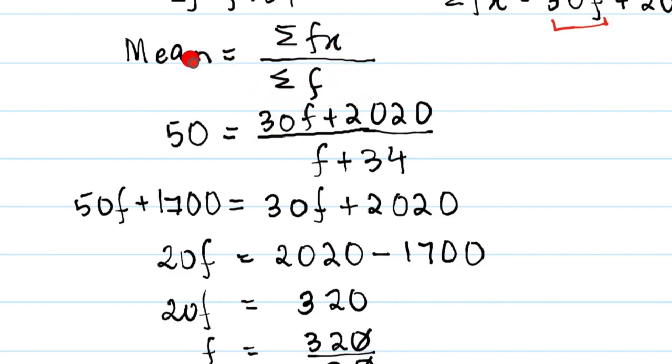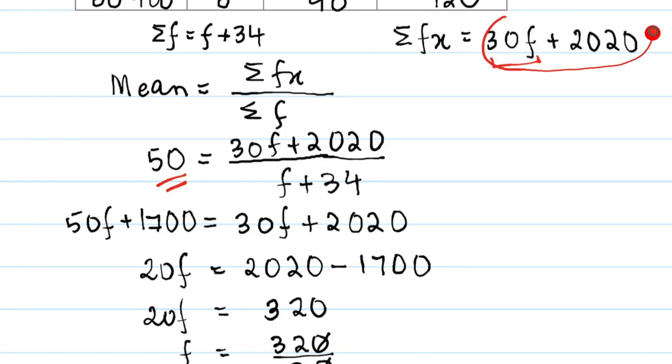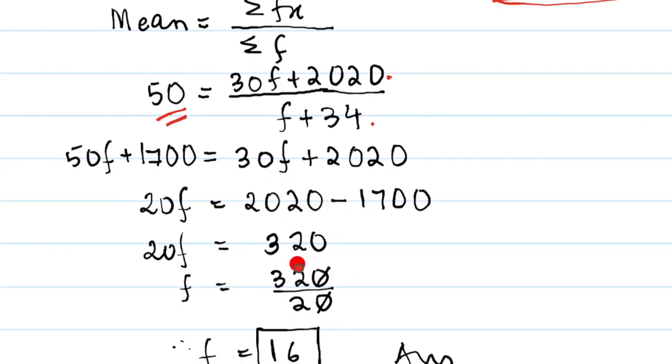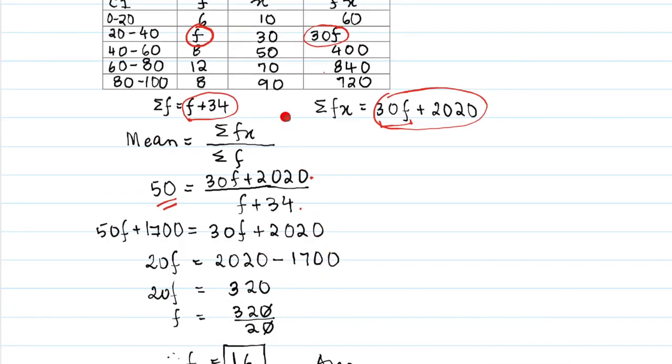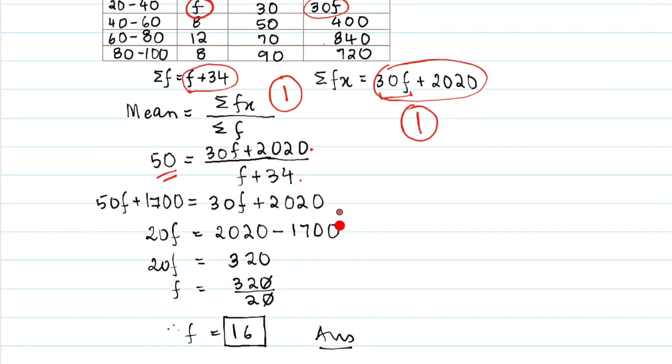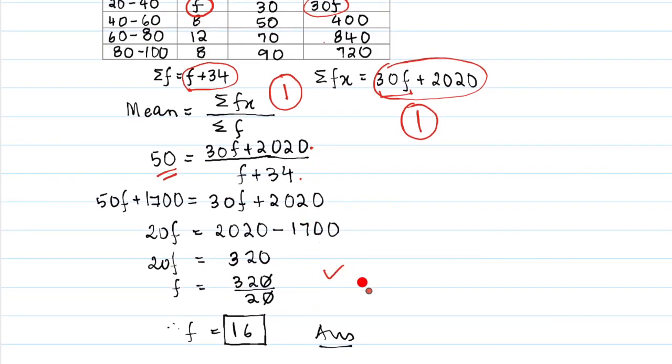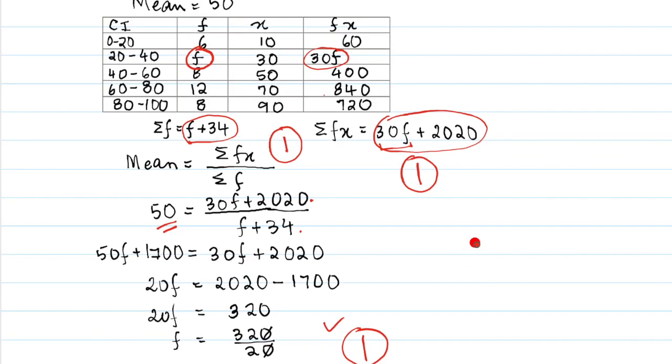All we have to do is substitute for mean 50. Sigma fx is this value here, and sigma f is this value, that is here. Cross multiply and solve it, and you get f as 16. Now to get this value, 1 mark, and to get this right is going to be 1 mark. So like that you will get your 3 marks for this question also.